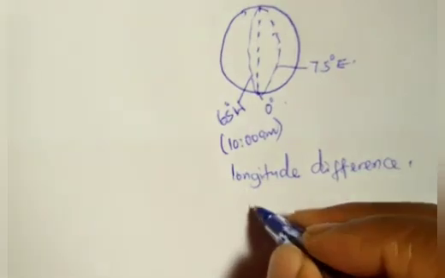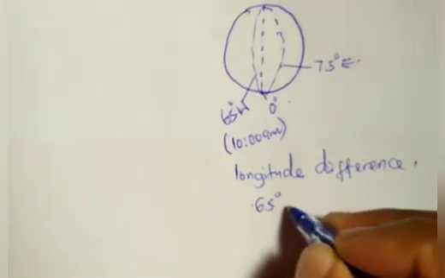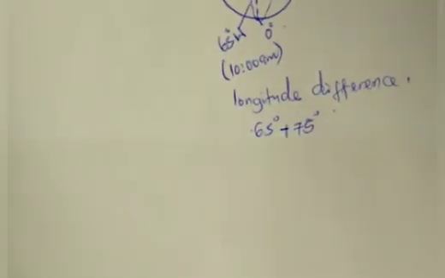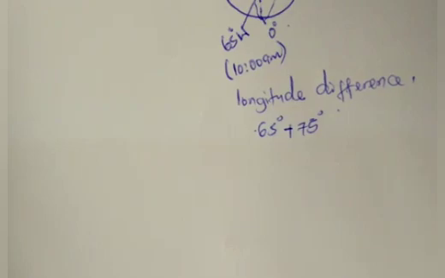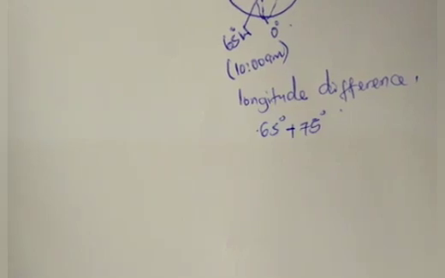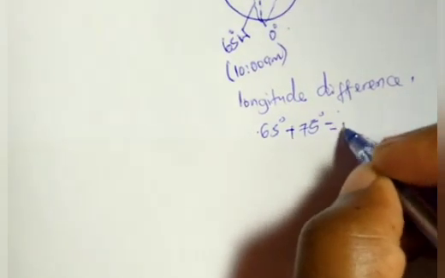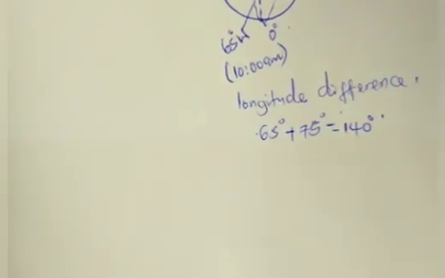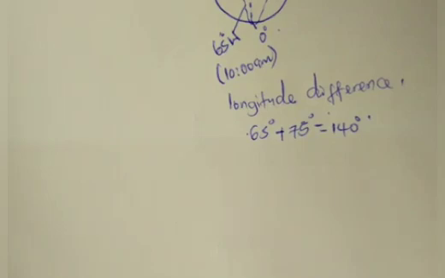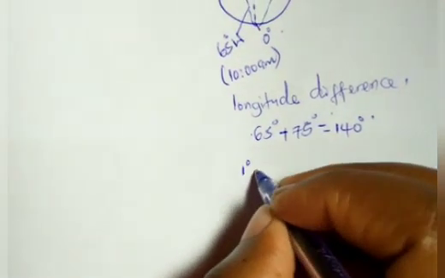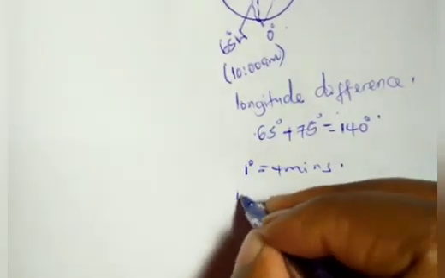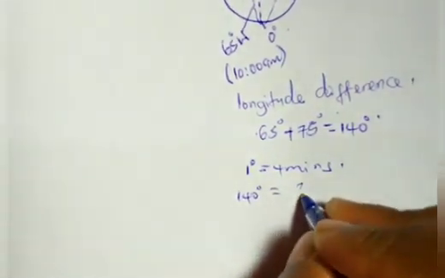So this is 65 degrees plus 75 degrees. Let us confirm that. 65 plus 75 should give us 140 degrees. So 140 degrees should be covered in how many minutes? 1 degree is covered in 4 minutes. So 140 degrees is covered in how many minutes?